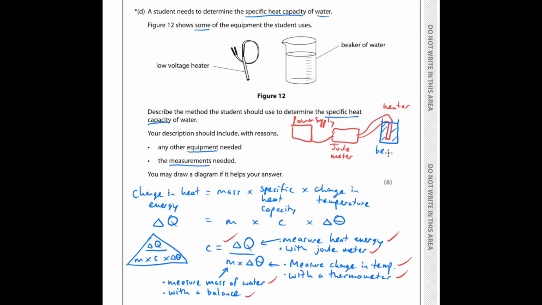So beaker of water. Say that the heater needs to be fully submerged. You could put a little stirrer in the bottom. And you've got your thermometer.